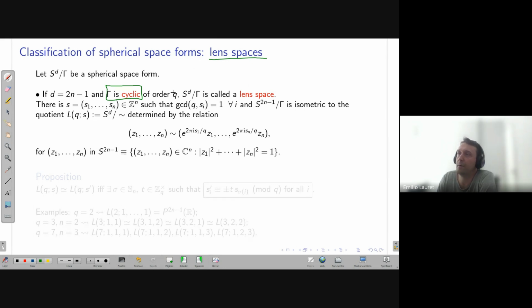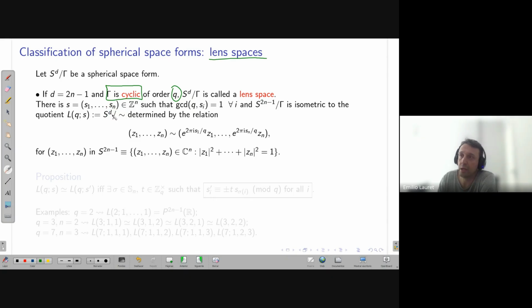Let's assume that the order of the fundamental group is q, and any of these lens spaces can be written in this way. There are integer parameters, and these parameters are all coprime to q, in such a way that this lens space is isometric to this quotient that we are going to denote like this.